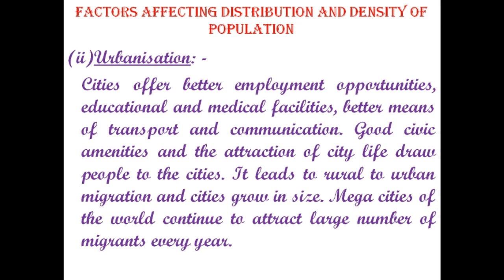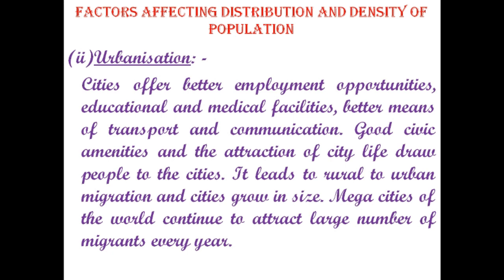So what happens when cities offer better employment opportunities, educational or medical facilities, better means of transport and communication, other good facilities or attraction of city life, then people would like to move to the cities. It leads to rural to urban migration.